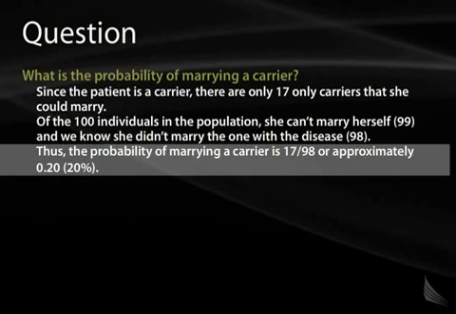So the exact probability of marrying a carrier would be 17 out of 98. Now that's a really icky number to be working with without a calculator. So let's just round it, and we'll call it 20 out of 100 and say 20%. So the probability of her marrying a carrier is 20%.